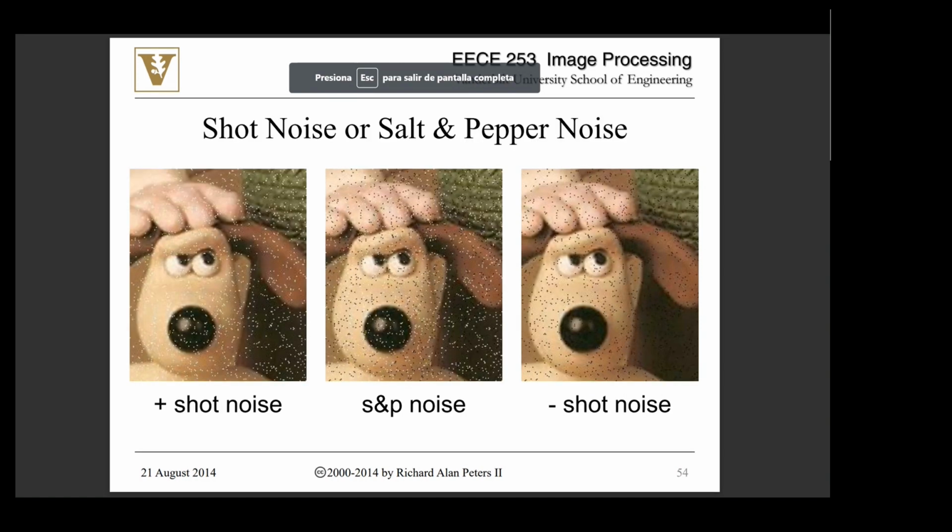And the same for this kind of noise that is called salt and pepper. It is called salt and pepper because it has white and black points. They come from malfunctioning of the camera. Let's say that you have a camera, you take a picture, but one of the sensors is dead. If that sensor is dead, then it will never record the amount of photons arriving. It will record 0.